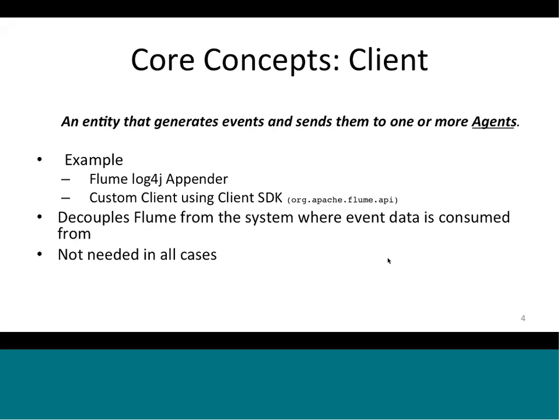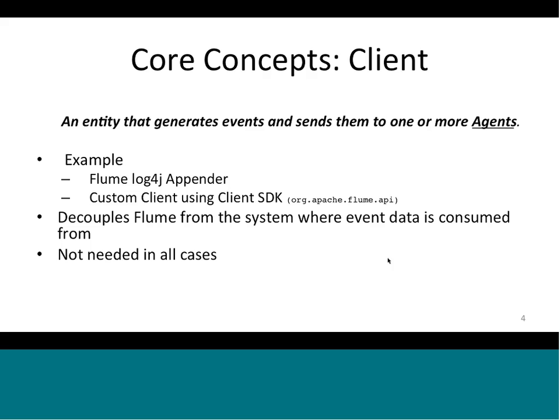Now, you can also write your own custom client using the client SDK, which is org.apache.flume.api. So you can take that API and plug in your own client. This client, by the way, is a Java program. Of course, when you are in the Java land, you can do JNI, right?